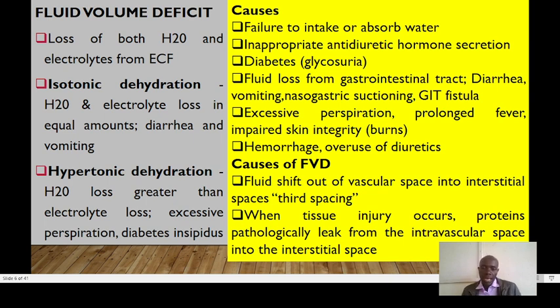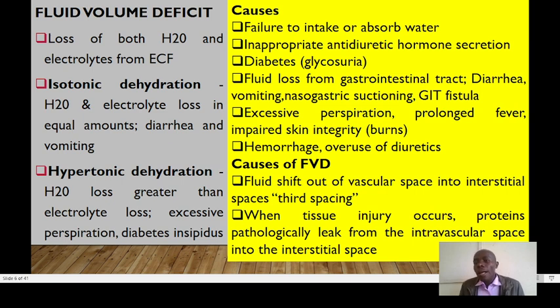In isotonic, water and electrolytes are lost in equal amounts. It could be through diarrhea or vomiting. While in hypertonic dehydration, water is lost in greater amounts than the electrolytes, right? So more water is lost, and electrolytes are left behind, and this could be through excessive aspiration or diabetes insipidus.